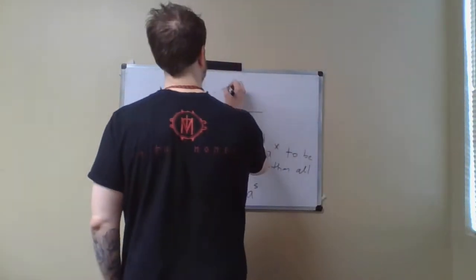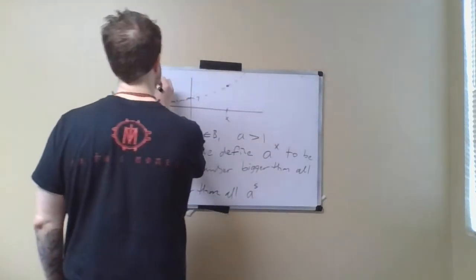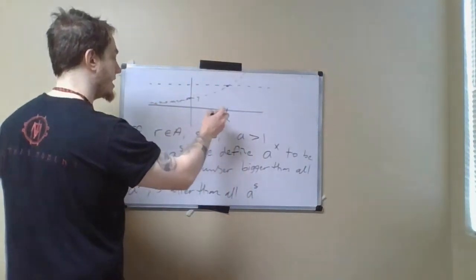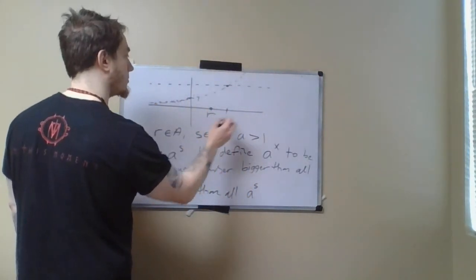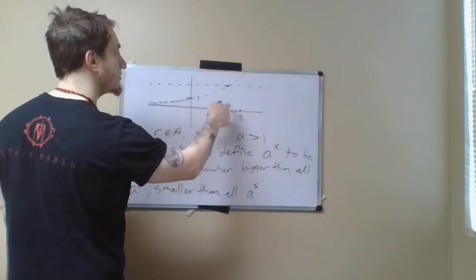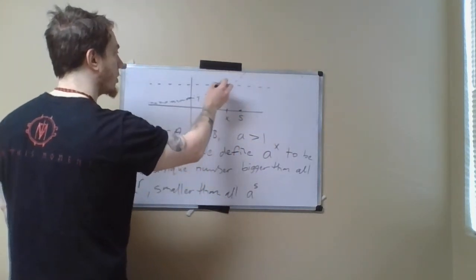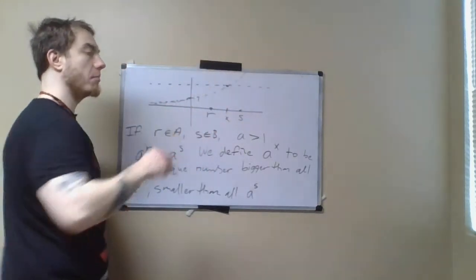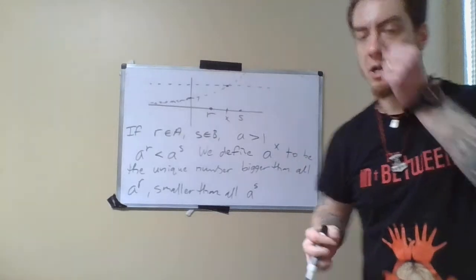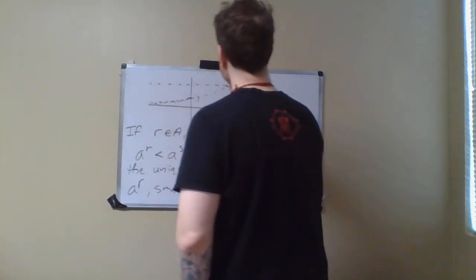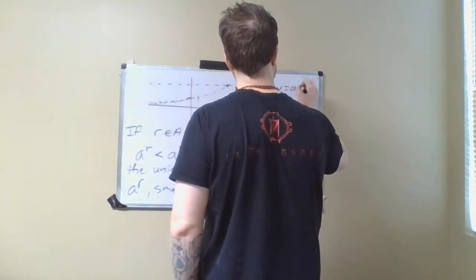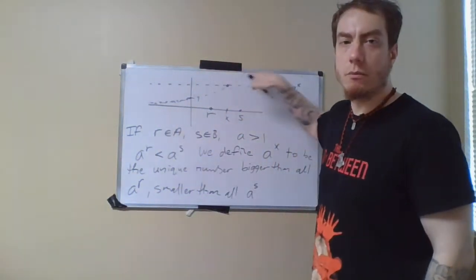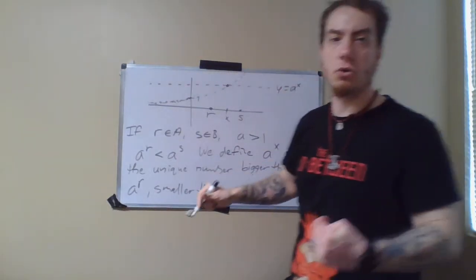And you'll notice that there's going to be this split here, where as long as my r value is smaller than x and my s value is bigger than x, a to the r will always be down below this horizontal line and a to the s will always be above it. And so I want to say a to the x is going to be specifically that one point, that height of the horizontal line.